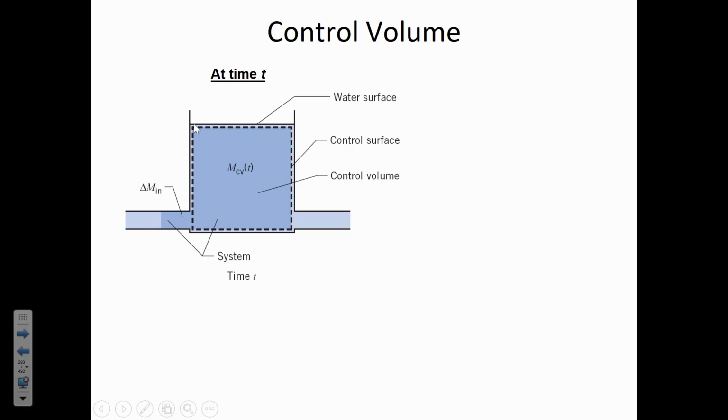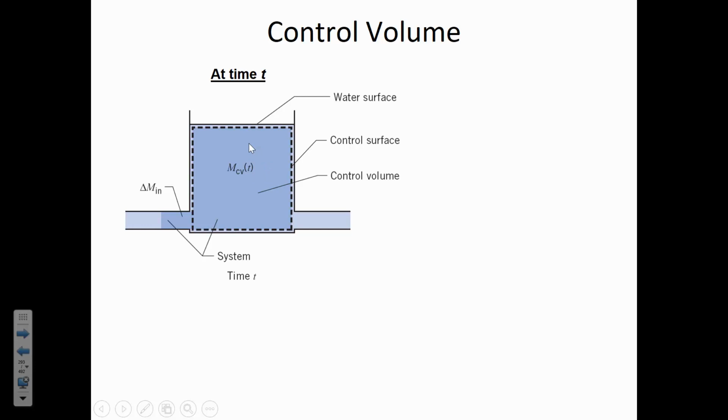And so what we're going to say is our system is the dark blue liquid, and the light blue liquid isn't specifically the system that we're keeping track of at a certain time. So this is just a picture of the control volume and where the system is within the control volume at time t.